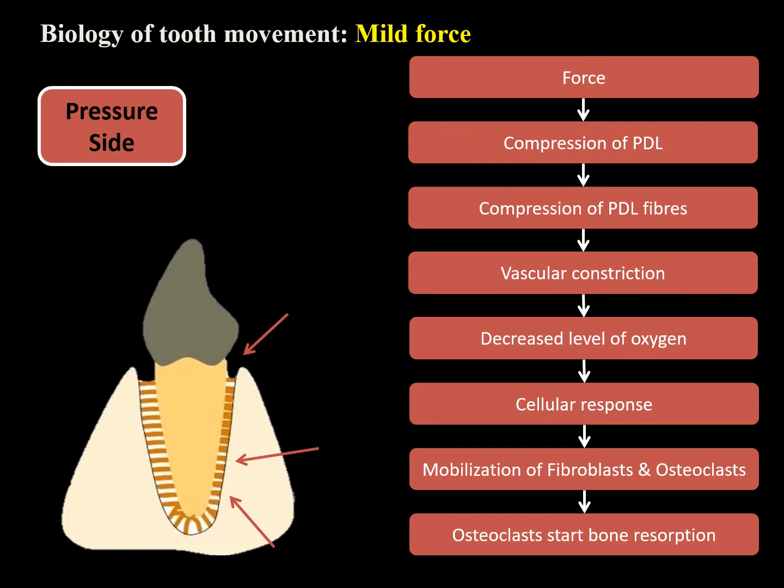When there is decreased oxygen, there is a cellular response, followed by mobilization of fibroblasts and osteoclasts, and then osteoclasts start the bone resorption. That's how bone is resorbed on the side of pressure and enables the tooth to move or occupy that newly created space within the jaw.